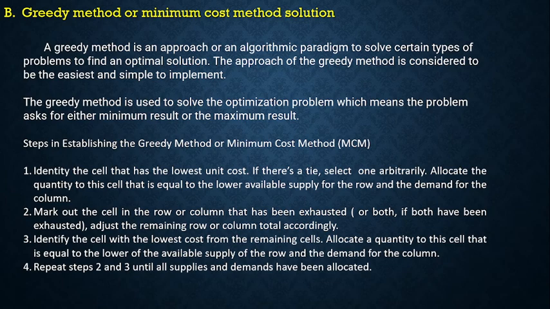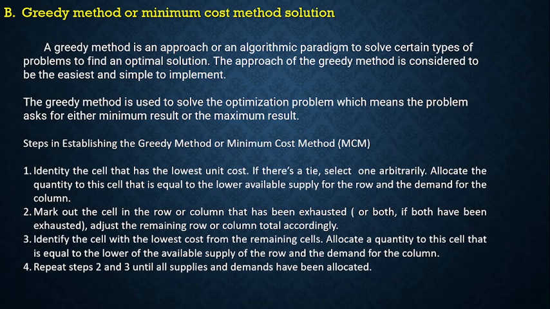So first we need to allocate the quantity to the cell, yung pinaka-lowest, that is equal to the lower available supply for the row and the demand for the column. Then mark out the cell in the row or column that has been exhausted, or both. If both have been exhausted, adjust the remaining row or column total accordingly.